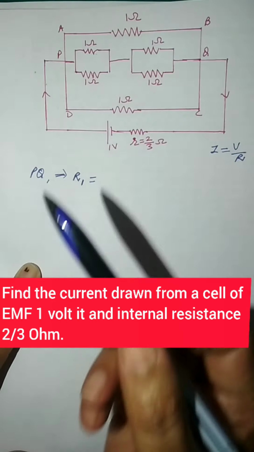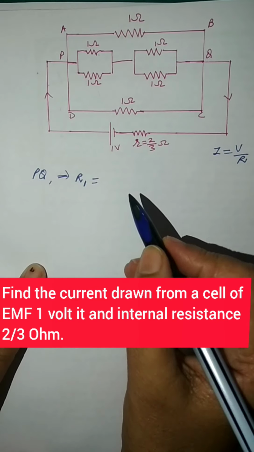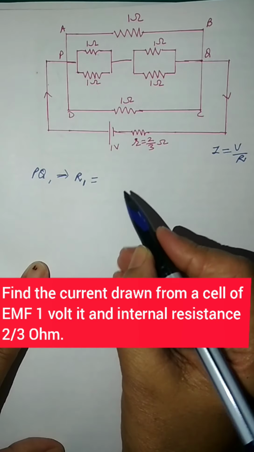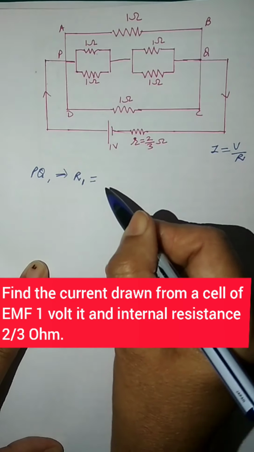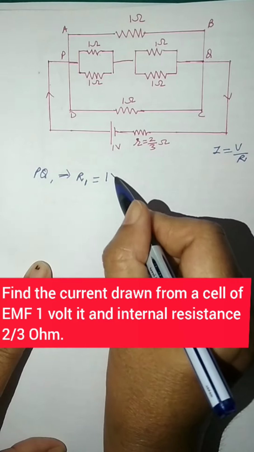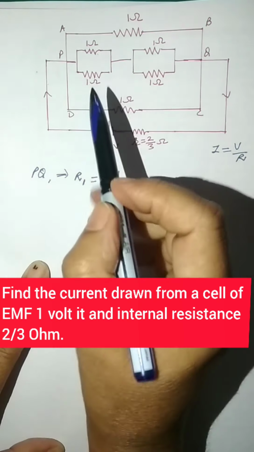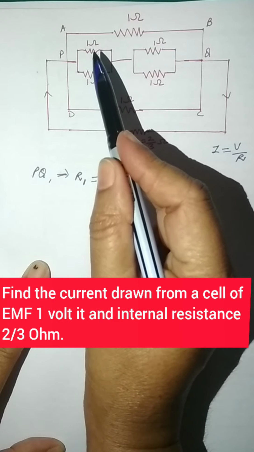So you know that when the resistances are in parallel, what is the formula I told you? When two resistances are in parallel, the resistance will be product by sum. So it will be 1 into 1 upon 1 plus 1. This is the equivalent resistance of these two.